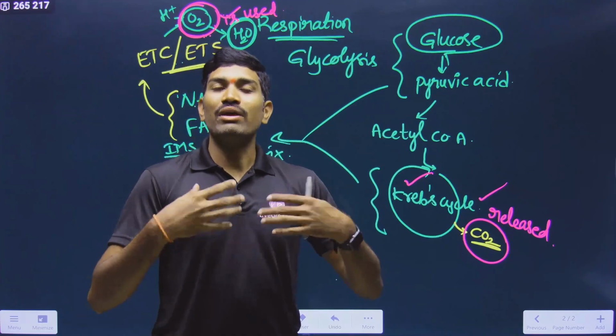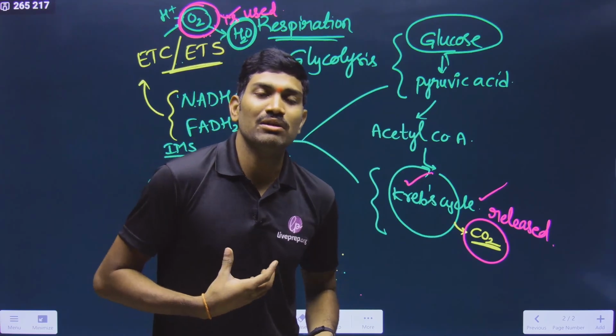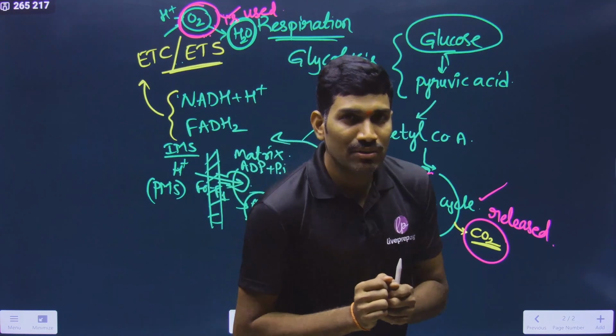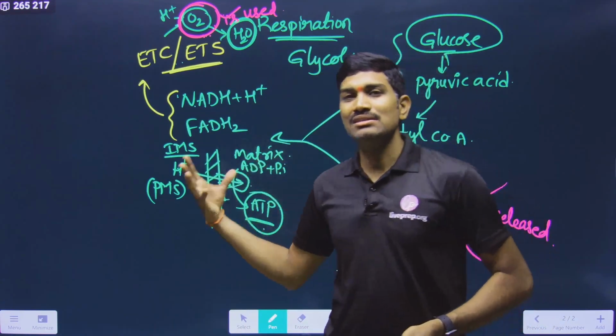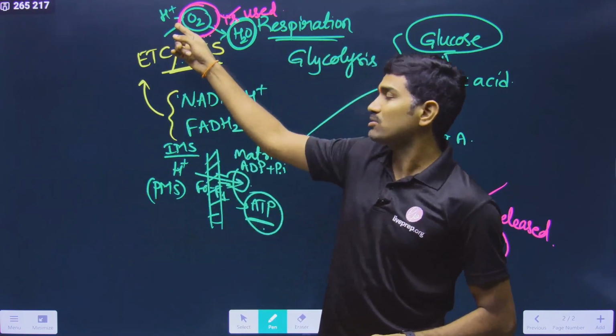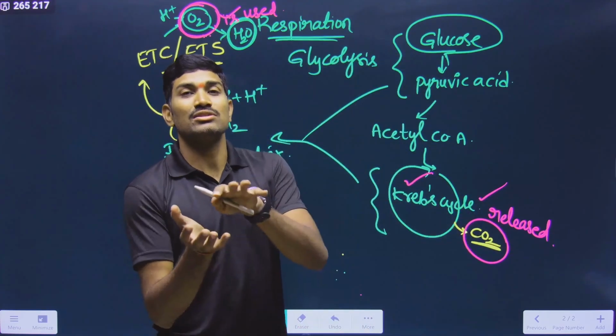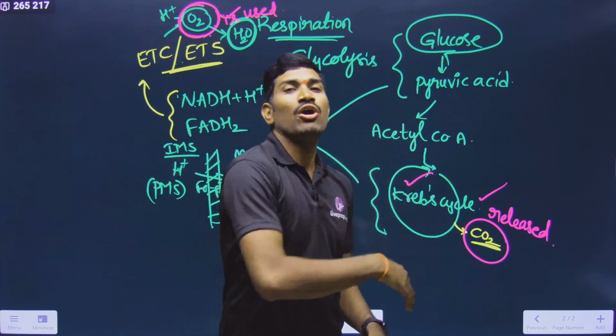Why have we developed this breathing system, the respiratory system? Because our cells need oxygen, this oxygen should be supplied, and during the reaction CO2 is produced. This produced CO2 should be released outside the body.